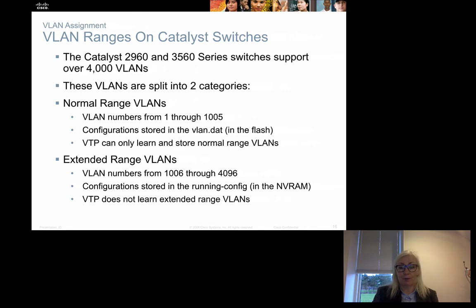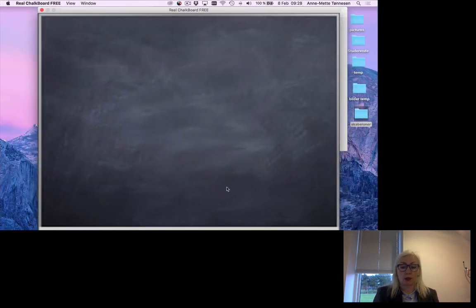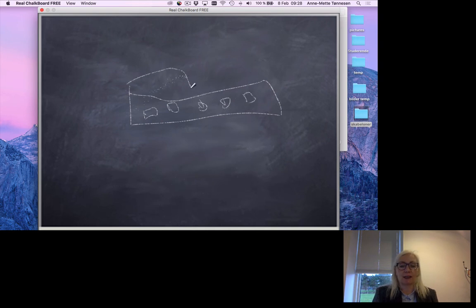So a VLAN is something that we use to take our switch over here. This is a switch, and we have a lot of ports in it here. What I do when I create a VLAN is that I take, for instance, these here and say that this is VLAN 20. And over here we have VLAN 30.